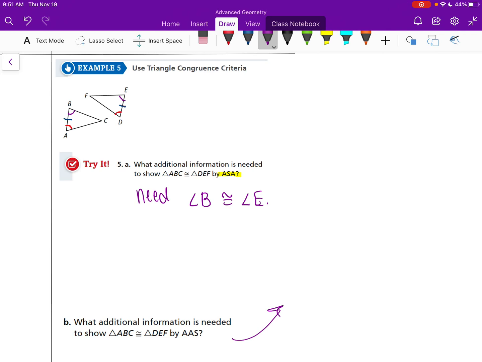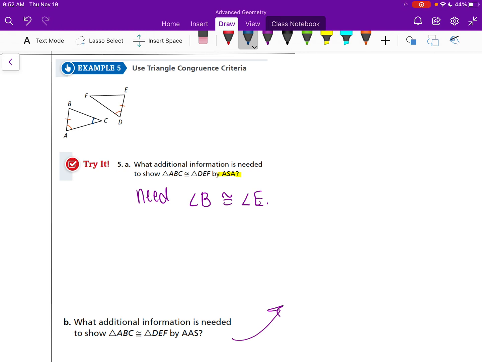What additional information would we need to know to prove that the two triangles are congruent by angle, angle, side? Okay. Angle, angle, side means you've got two angles and then a side. So if I wanted angle, angle, side, that would be angle C, angle A, then the side.